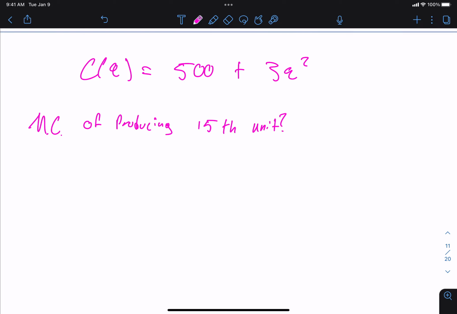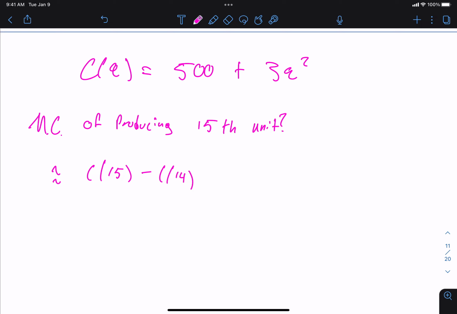The marginal cost of producing the 15th unit can be approximated by the difference between C of 15 and C of 14, right? We take however much it costs to produce 15 units minus how much it costs to produce 14 units. That gives us how much it cost us to produce the 15th unit.